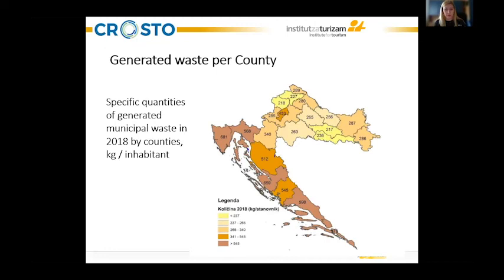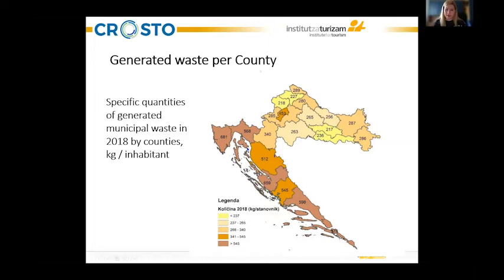But if we look at the map of the whole of Croatia, you can see here the specific quantities of generated municipal waste per kilo per inhabitant. For example, in the continental part of Croatia, most residents produce around 200 to 300 kilos of waste per inhabitant per year.